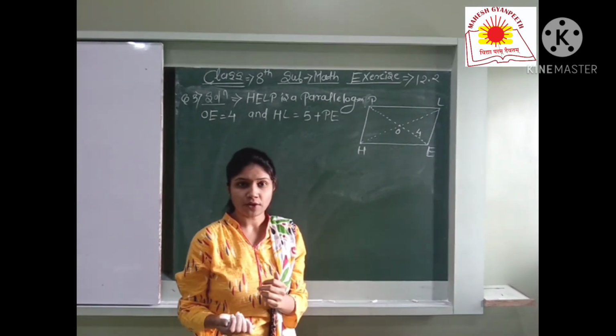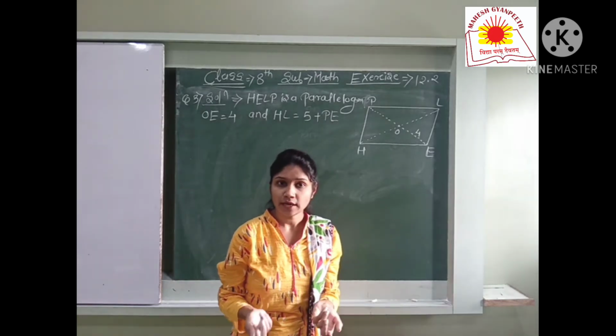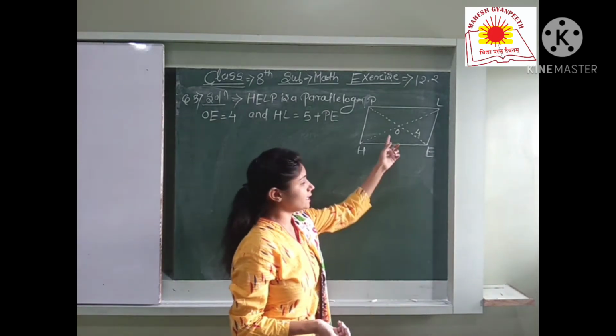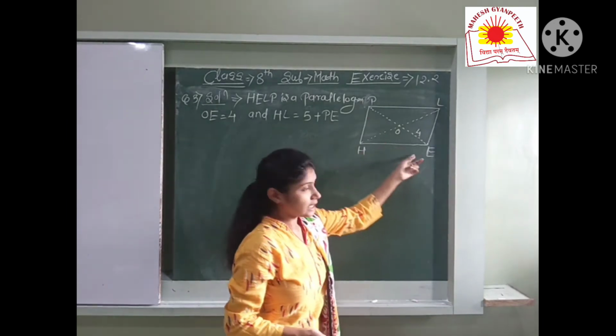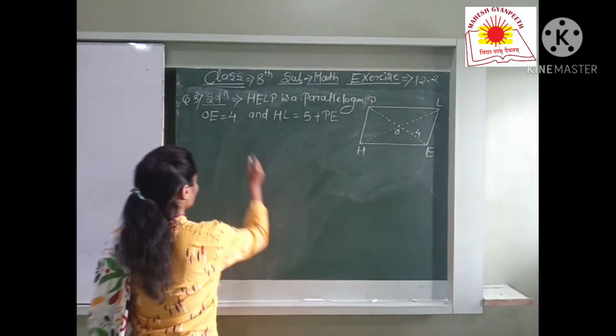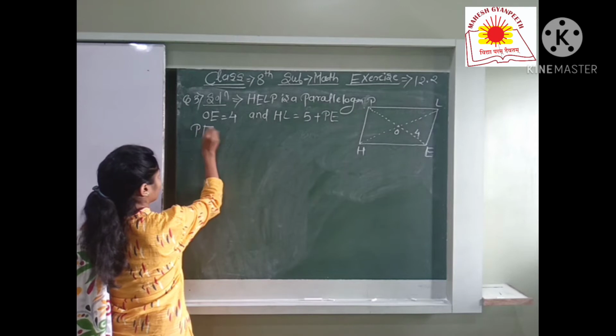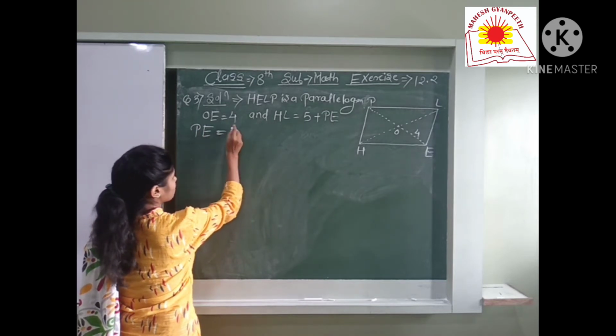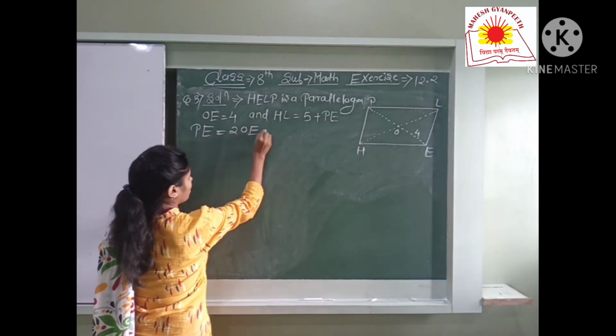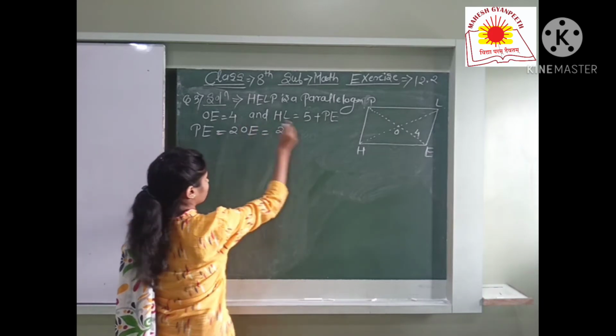So first we have to find the value of P. How to find it? According to OE, PE is 2 times OE. All of you know the value of OE, which is 4.